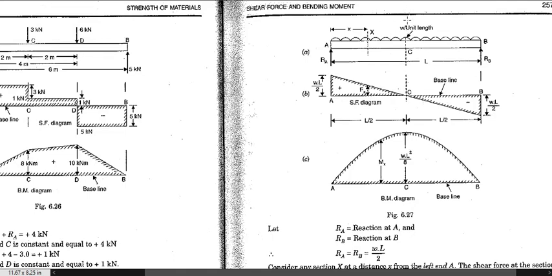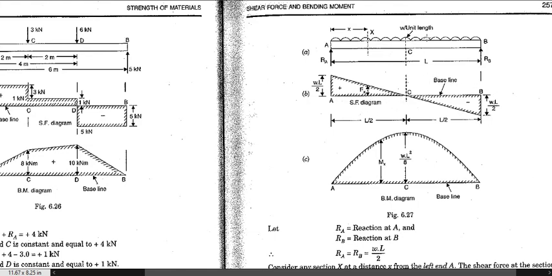If I take a cross section over here, and according to sign convention, if the force is applied in the upward direction to the right of it, the shear force will be negative, and if to the left of this cross section the force is applied in the upward direction, the shear force will be positive. So according to that we have plus and minus signs.